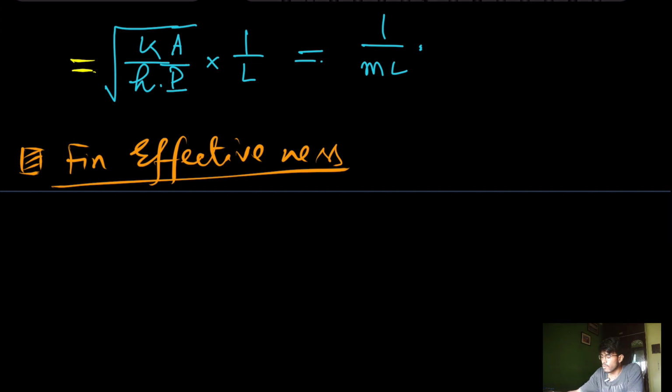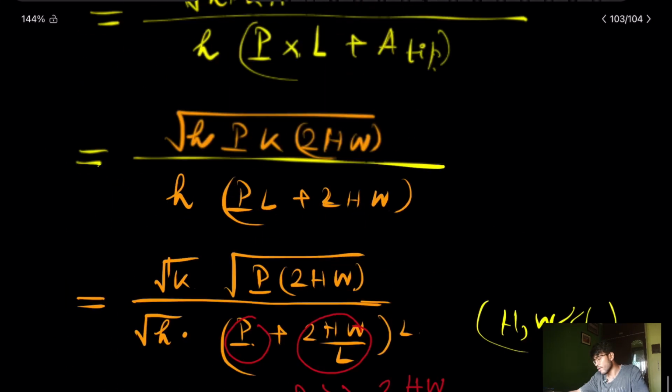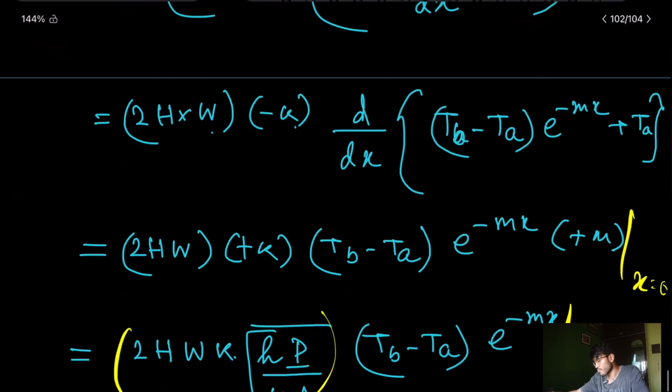Then he can ask you. He will give you the variation of the cross section of the fin, that case I will be covering in the next lecture, and then he will ask what will be the total heat transfer. Then you have to use this funda.